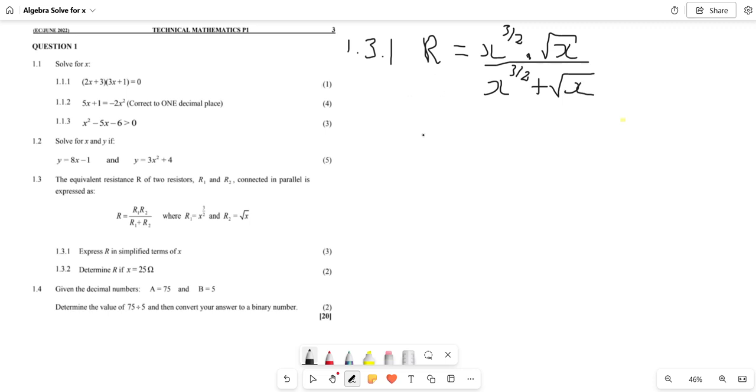Then we still go on to say R is equal to, already the x that we have here has been simplified. We have an x with the rational exponent. We still maintain that as x to the power of 3/2 multiplied by... Then here we can't simplify because there is a square root sign.